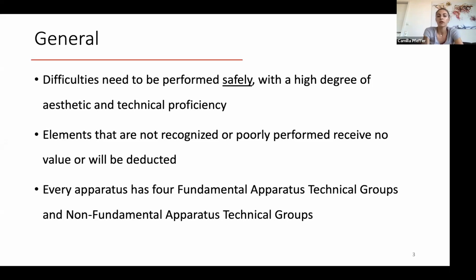And all the elements that are not recognized or poorly performed will give no value or will be deducted. And there's a lot of deduction, as you probably all know. So it's very important to do things safely. Every apparatus has 4 fundamental apparatus technicals and some non-fundamental apparatus technical groups.